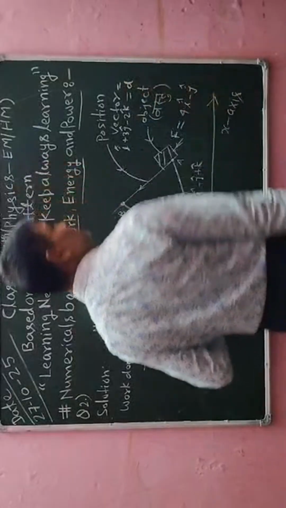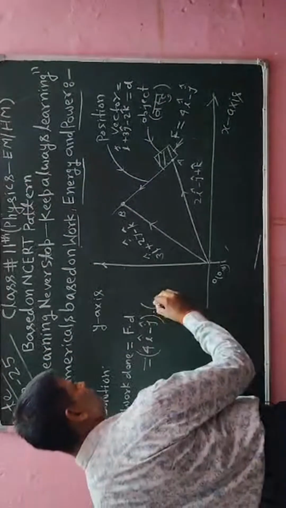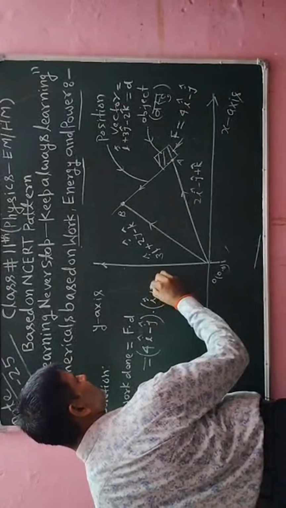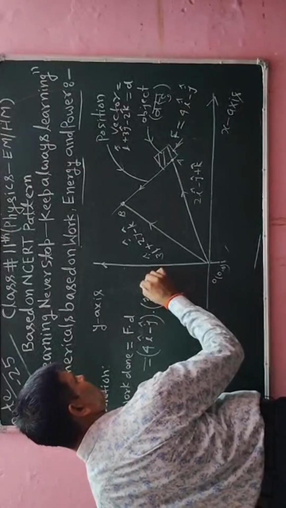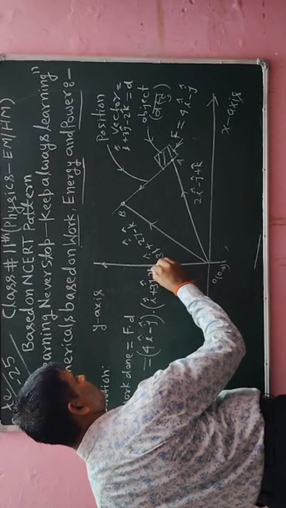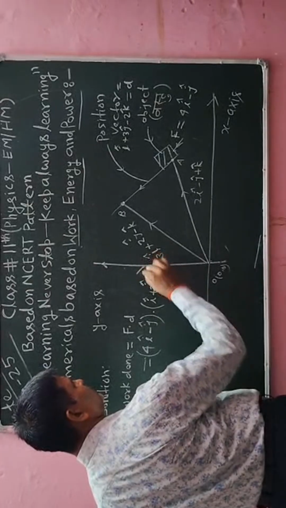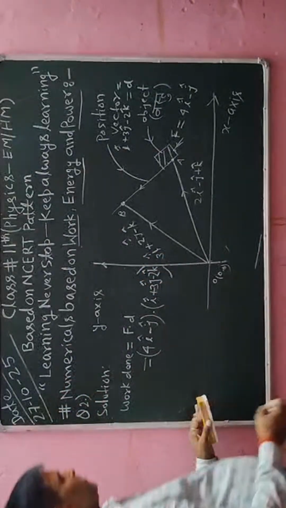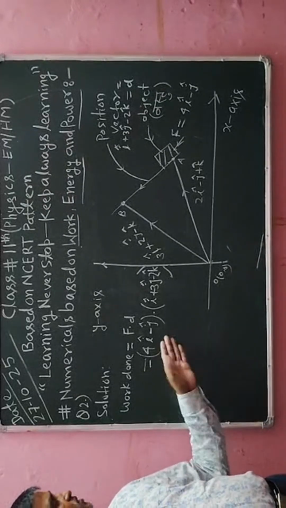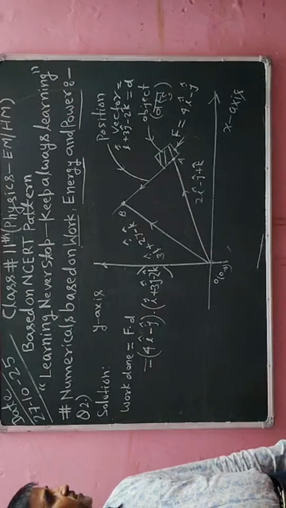D is the position vector, and this is the displacement vector, so that vector I have to use here: vector i plus 3 vector j cap minus 2 vector k cap. So I have written here the work done. The multiplication of these two vectors will be a scalar quantity.